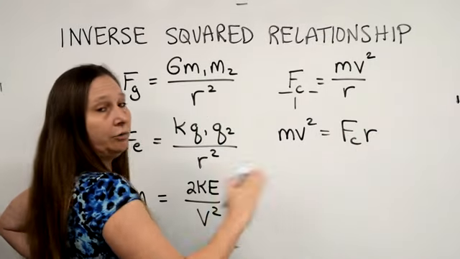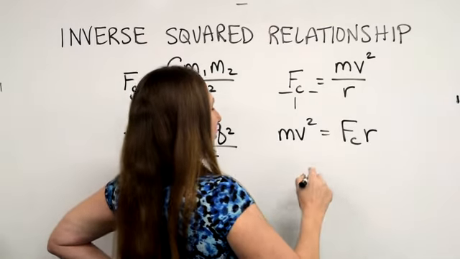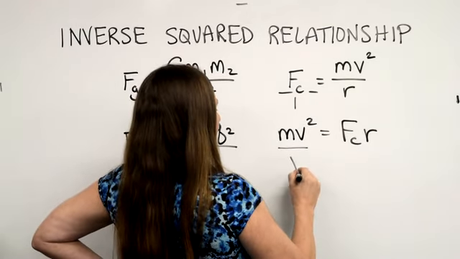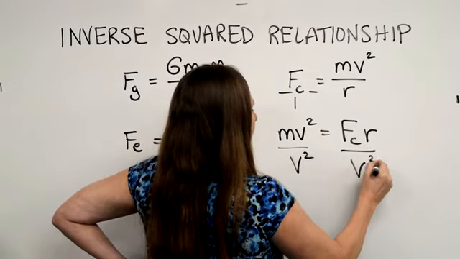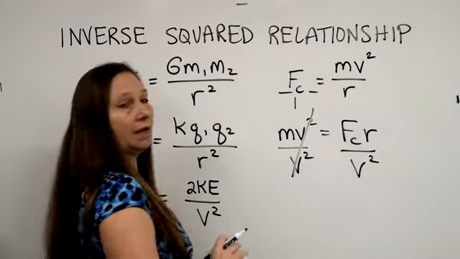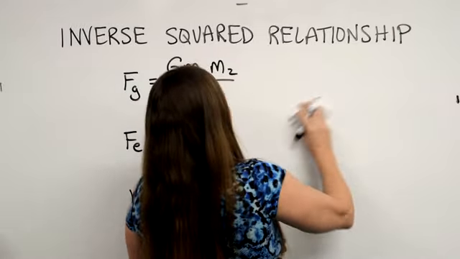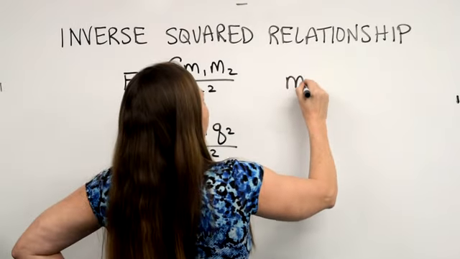All I'm trying to do is get this v squared on the bottom. And then I'm going to divide both sides by v squared. And what we've got here is that m equals F_C r over v squared.